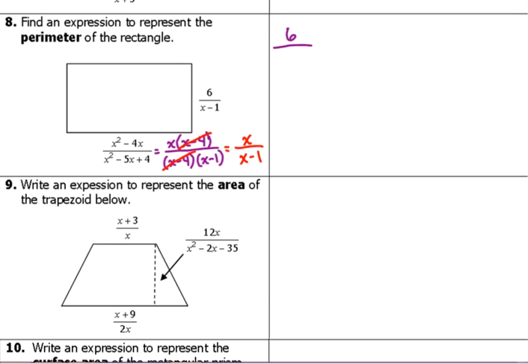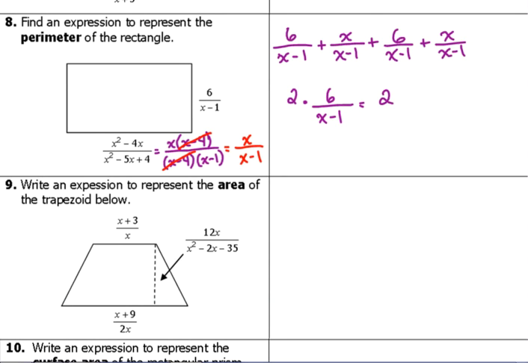So we've got 6 over x minus 1, plus x over x minus 1, plus 6 over x minus 1, plus x over x minus 1. Now, if you wanted to do 2 times the length plus 2 times the width, that's fine. This would be the same as saying 2 times 6 over x minus 1 plus 2 times x over x minus 1. It's saying the same thing.